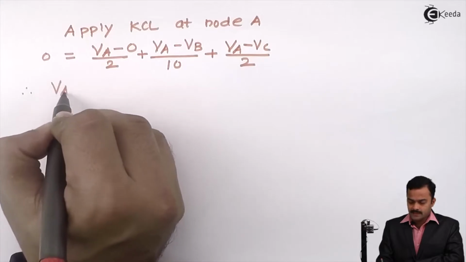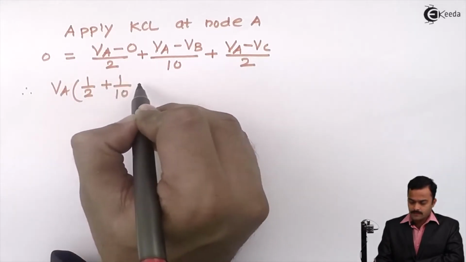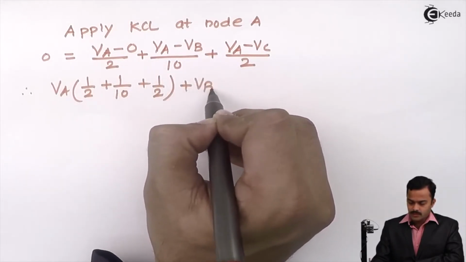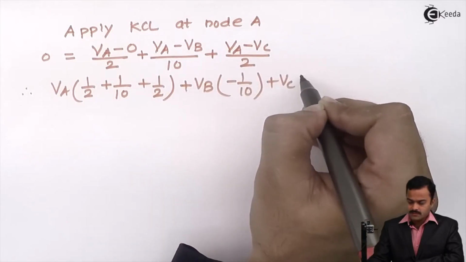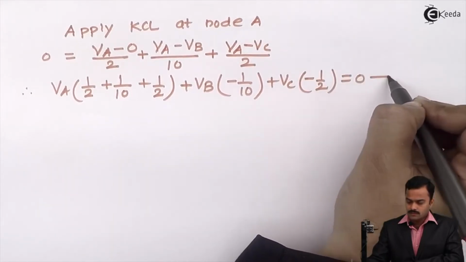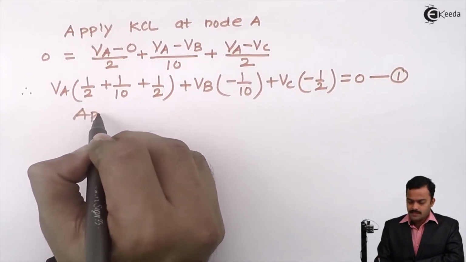After rearranging the terms, I will get Va 1 by 2 plus 1 by 10 plus 1 by 2 once again plus Vb coefficient is minus 1 by 10 plus Vc coefficient is minus 1 by 2 equal to 0, equation number 1.